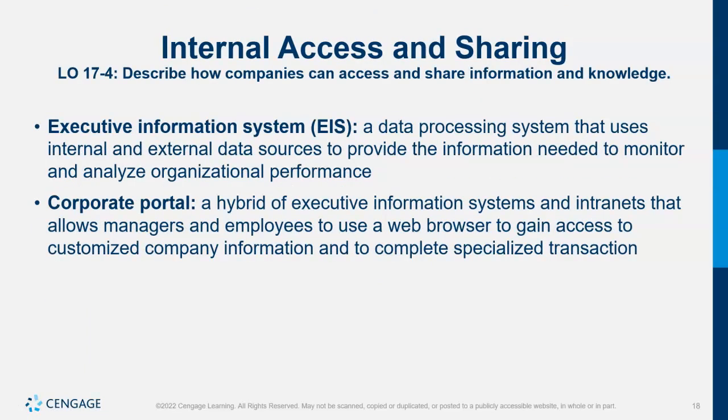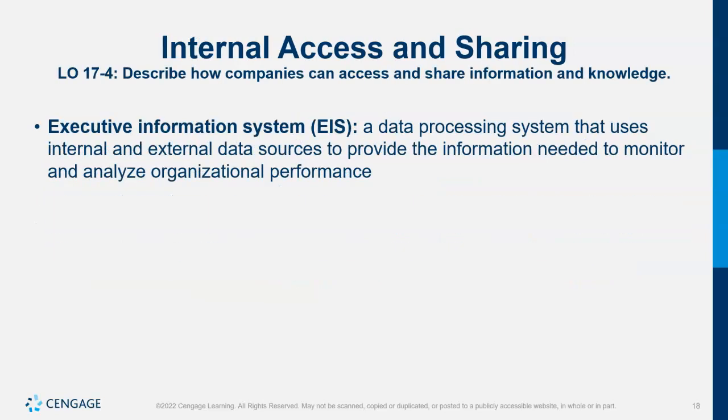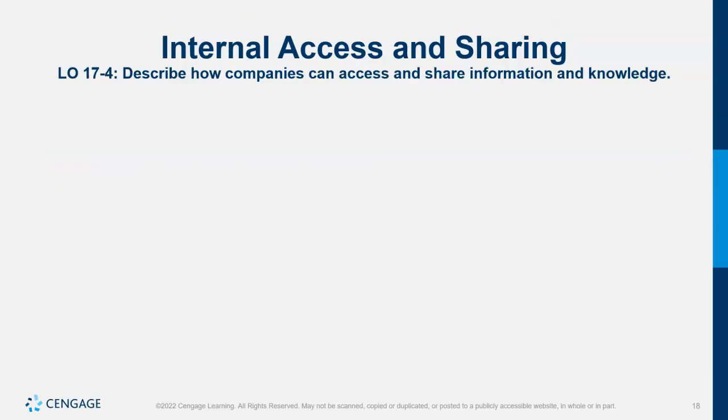All right. So we can access and share information and knowledge using executive information systems or corporate portals to gain access to our information or company performance. Sometimes we need to share information with external parties, like the extranet that we talked about here.